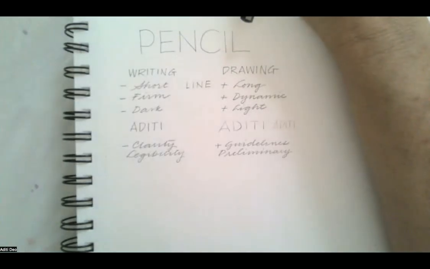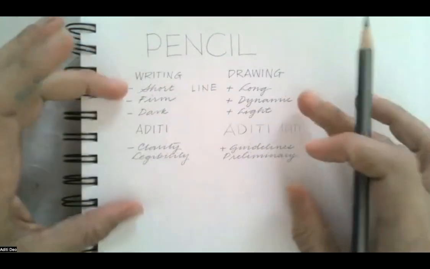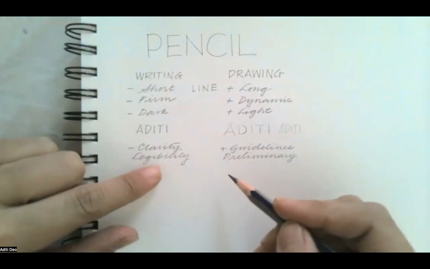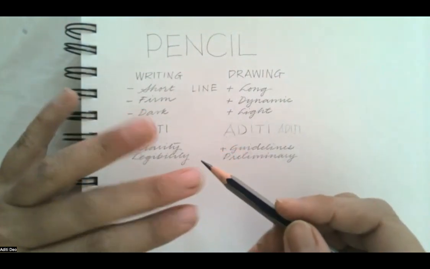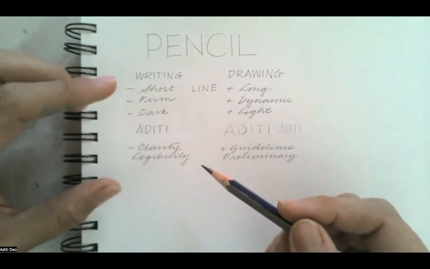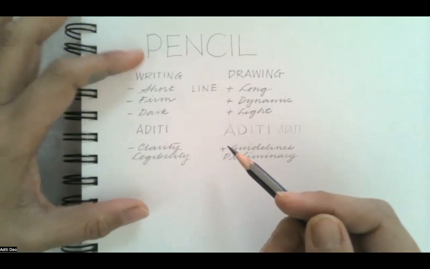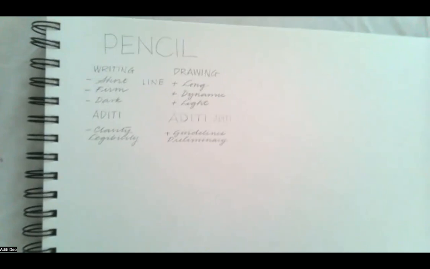Now, if you think about it, there are lots of differences between writing and drawing, and we can go on adding more and more items to this, depending upon what aspect of the pencil we are examining. So, I encourage you to continue this examination and see other things that you might come up with.